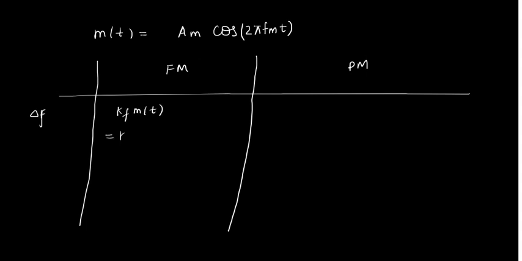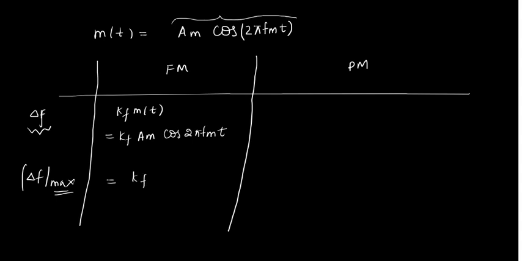So you can write Kf Am cos 2 pi fm t. We are interested in finding the peak or maximum frequency deviation, which means we first take the absolute value and then we find the maximum value. So the peak frequency deviation for FM, when your message signal is this tone, will become Kf Am, right? Because you take the absolute value of this.